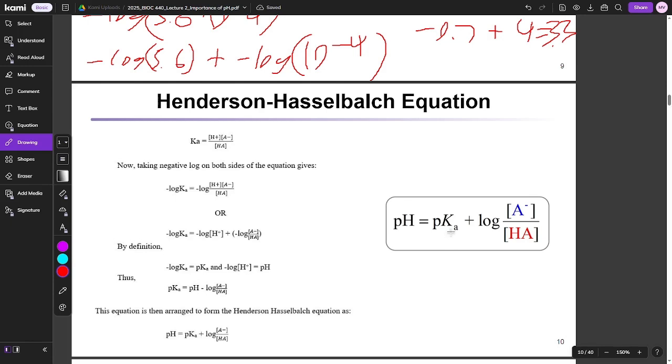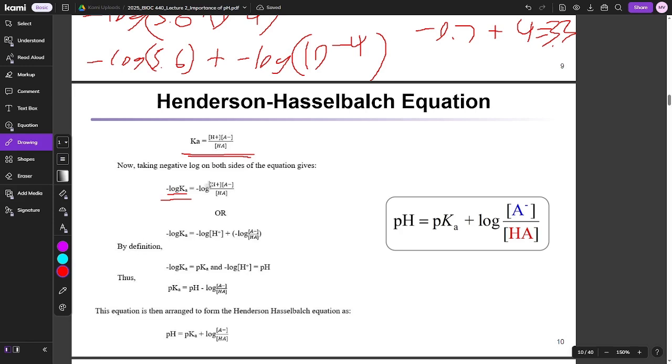You don't need to derive this on your own, and you don't really need to know how it's derived, at least from my experience when I took the class, but I think it's helpful to know because it is literally taken from the original expression. Basically, they're taking the negative log of both sides first, and we know that the negative log of Ka is pKa, and the negative log of H plus is just pH.